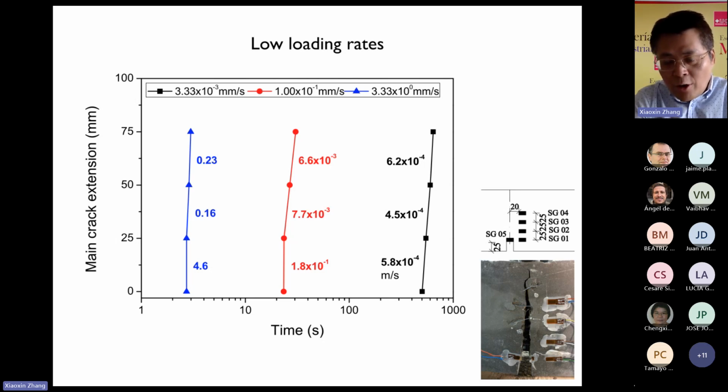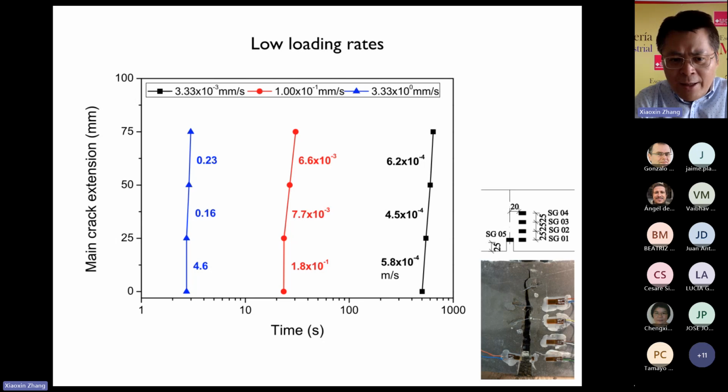Look at the order of magnitude; of course it's not exactly 5.8 each time. There is just a little variation, but the order is constant. For another case, 0.1 millimeters per second, the first period is 1.8 times 10 to the minus 1 meters per second, while the second is 7.7 times 10 to the minus 3 meters per second, and the next is 6.6 times 10 to the minus 3 meters per second.